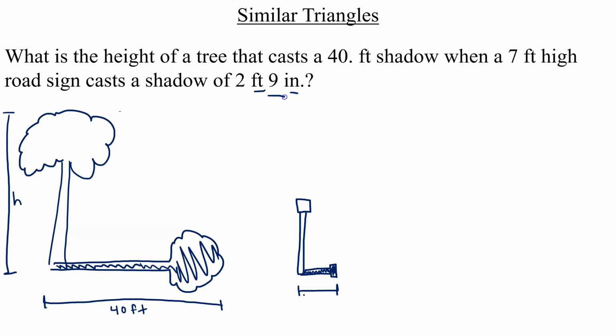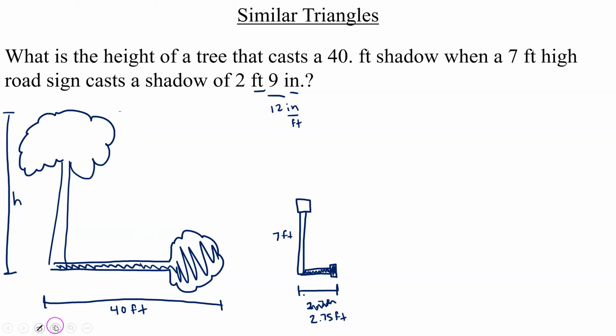So 9 inches divided by, there's 12 inches in a foot. 9 divided by 12 is 0.75. So the shadow of our road sign is 2.75. Oops, I forgot my 5. 2.75 feet. And then our height of our road sign is 7 feet.